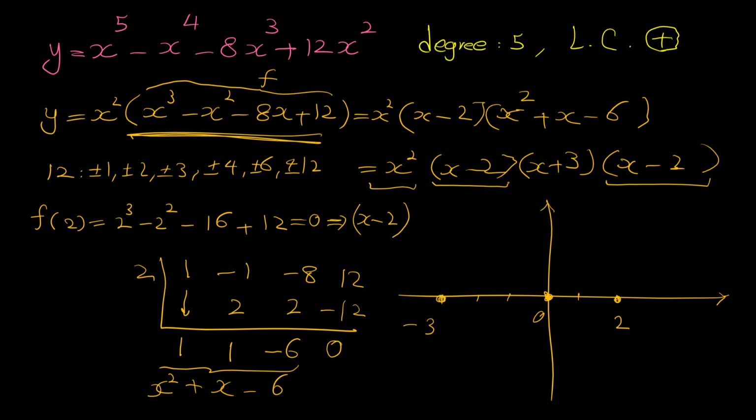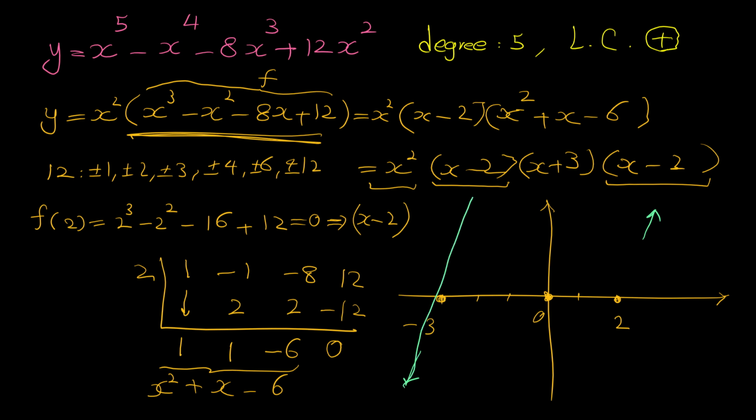The degree is 5. So it means that one end is going up, the other end down. But which end up, which end down? Because the leading coefficient is positive, the right end is up, the left end is down.